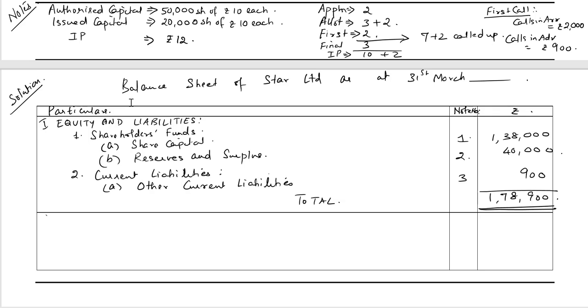We'll move on to the second part of the balance sheet, Roman number 2, assets. We have 1, current assets. Under that we have A as cash and cash equivalents.